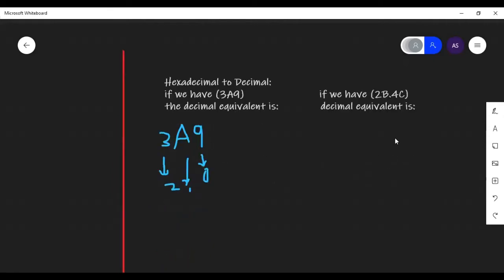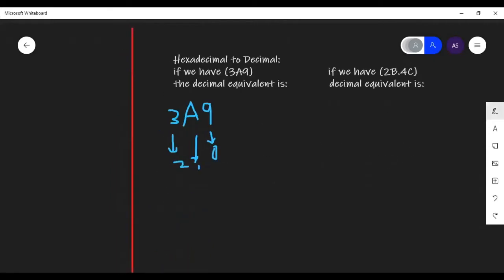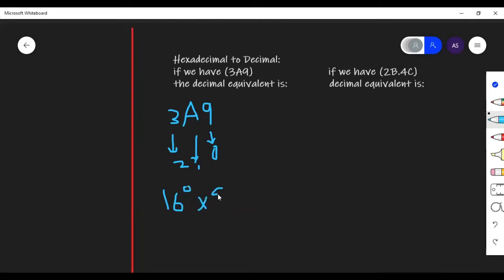So 9 into 16 to the power 0, plus, now A we will consider 10, so we say 10 into 16 to the power 1, and we'll add it to 3 into 16 squared.